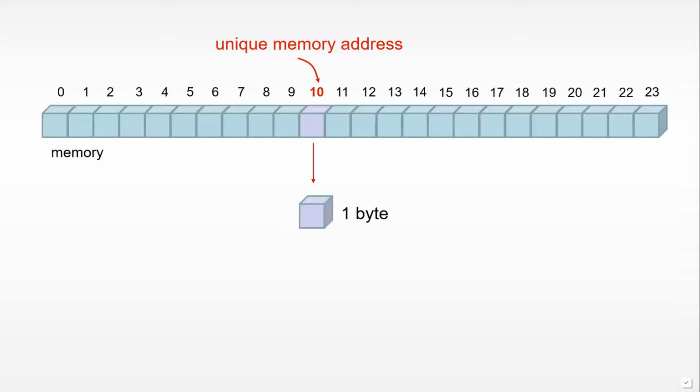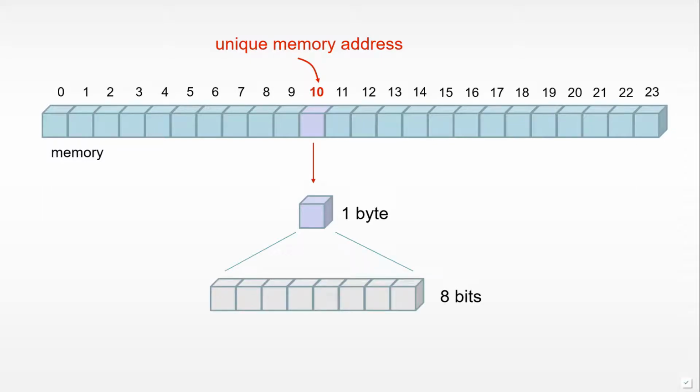Now each box in this case would represent 1 byte. Now you have heard this term before. And then each byte in turn would represent 8 bits. Now the bits are the zeros and ones which are so famous in computer science. So the idea is that by using such structure, we can actually place values using bits in bite-sized chunks, and then we can use the addresses of these bytes to always find a value in memory.